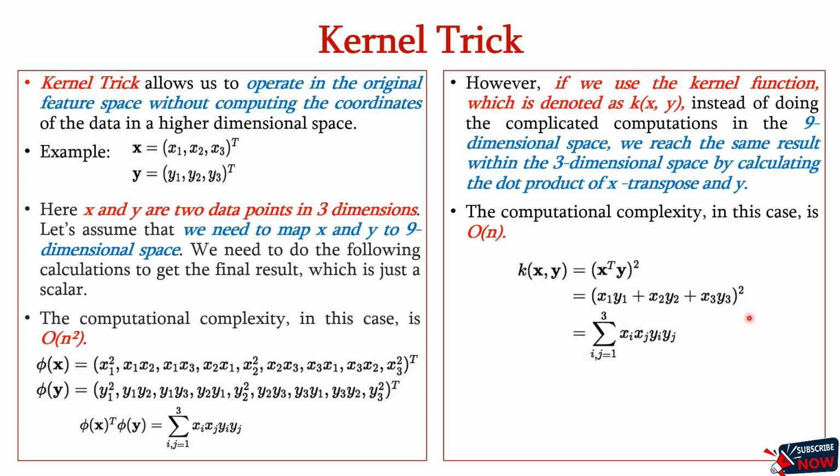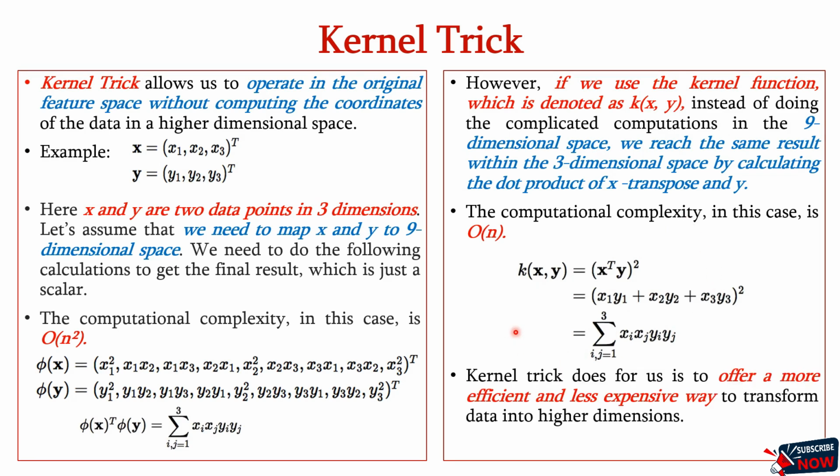This is 3-dimensional space. And in short, we can represent it as xi xj into yi yj, where i and j is equal to 1, 2, 3. The computational complexity in this case is order of n. So thus the kernel trick offers a more efficient and less expensive way to transform the data into higher dimensions.